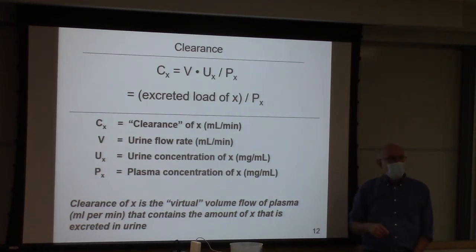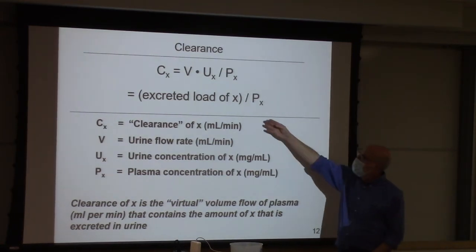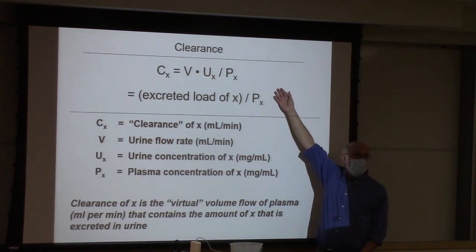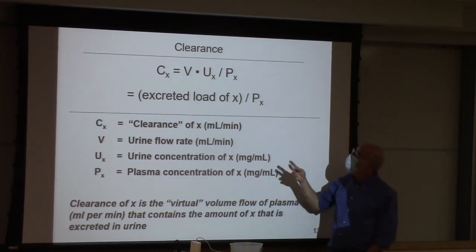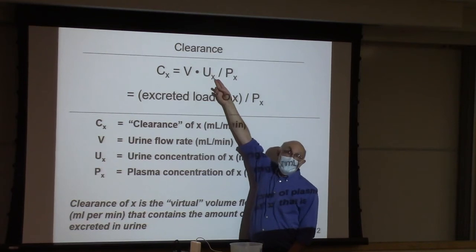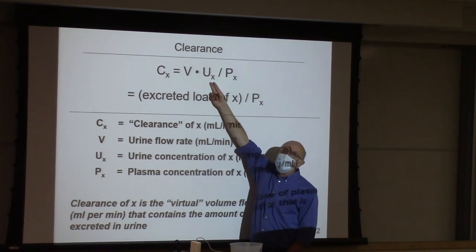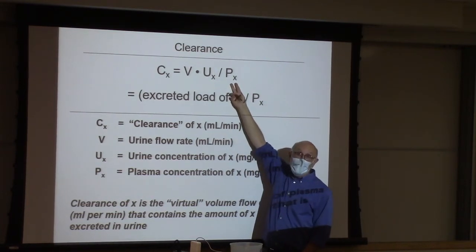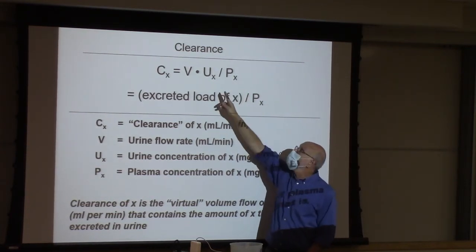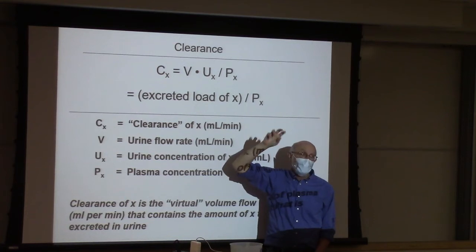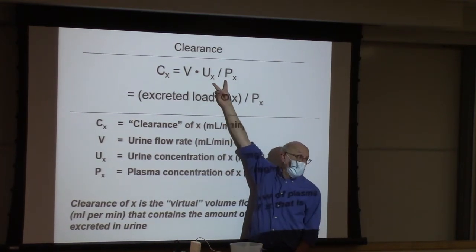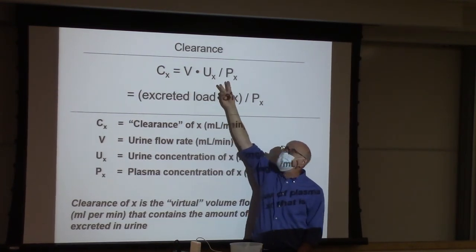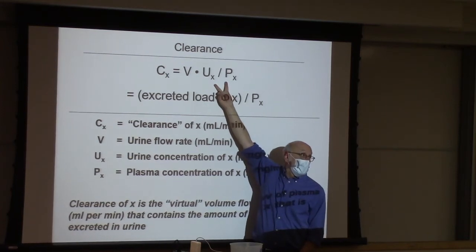Okay, so we're going to work through a couple of examples. You want to know this equation and know the units. Milligrams per milliliter, milligrams per milliliter. If one of these is in a different unit, you've got to convert so that they are the same, because only when they are the same does this become unitless, right?